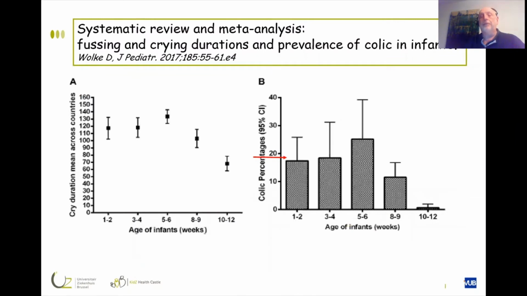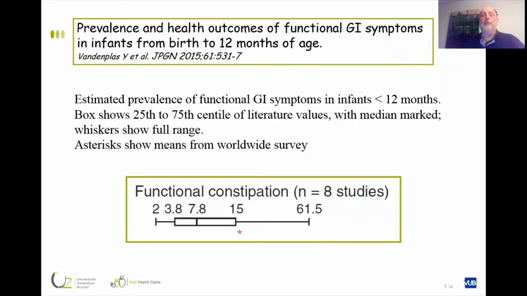And that's confirmed by these data from North America showing that in infants 3 to 4 weeks of age or 5 to 6 weeks of age, the incidence of infantile colic is between 20 and 25%. So extremely frequent. And constipation is slightly less frequent, but about 10% of all infants suffer from infant constipation.